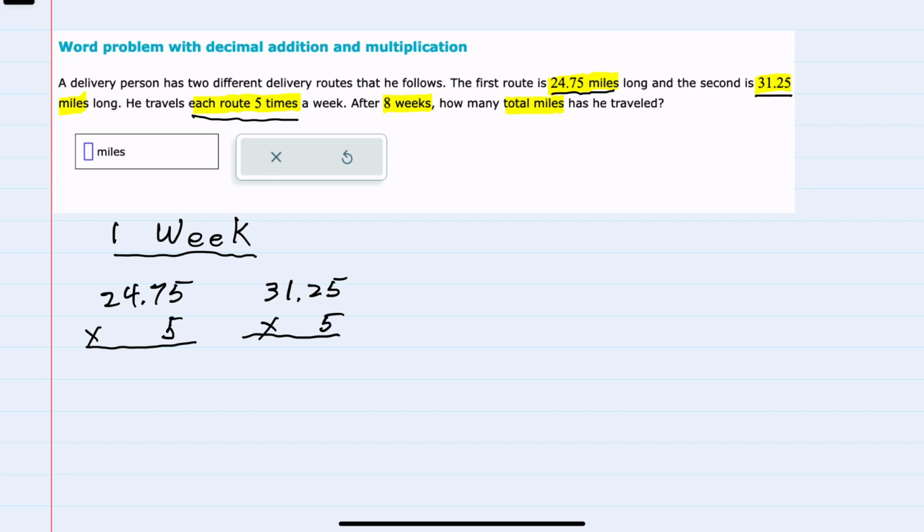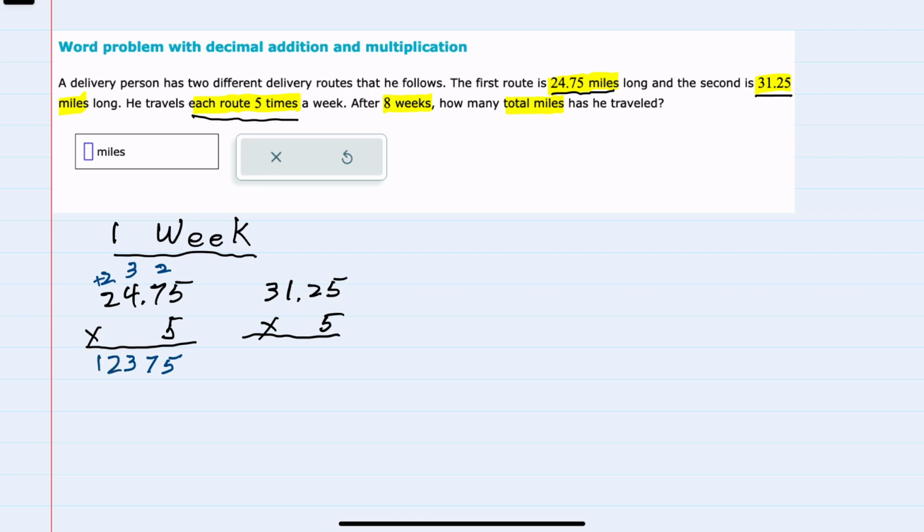So let's start with route 1, just multiplying without any regard for the decimal. 5 times 5 is 25, carry the 2. 5 times 7 is 35, plus the 2 is 37. So again, carry the 3 this time. 5 times 4 is 20, plus that 3 is 23, carry the 2. 5 times 2 is 10, plus 2 is 12.